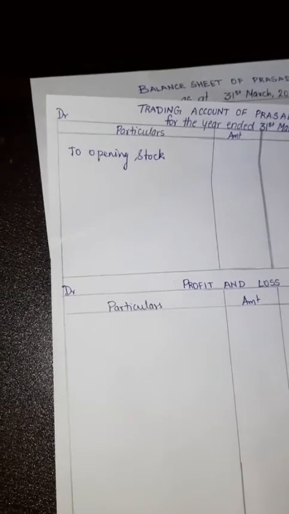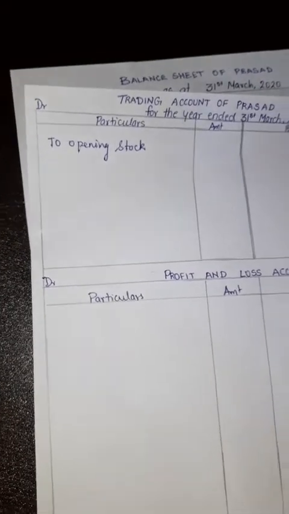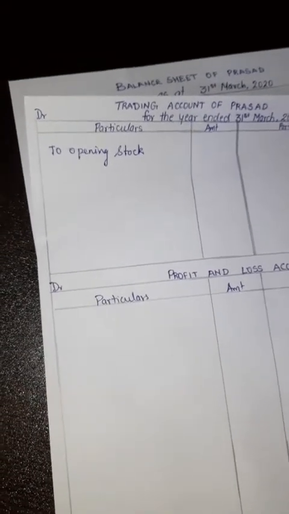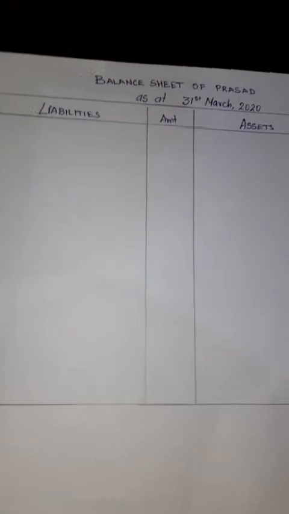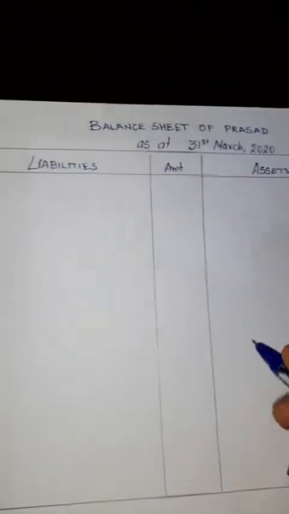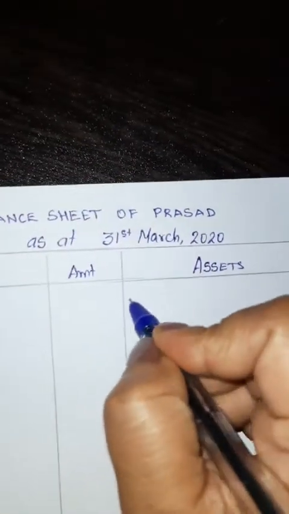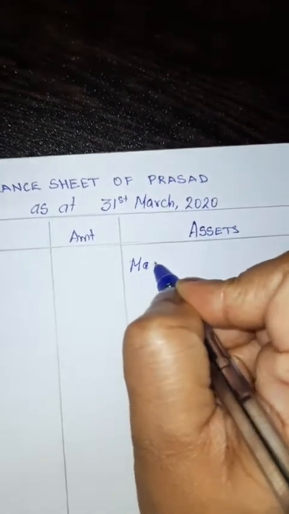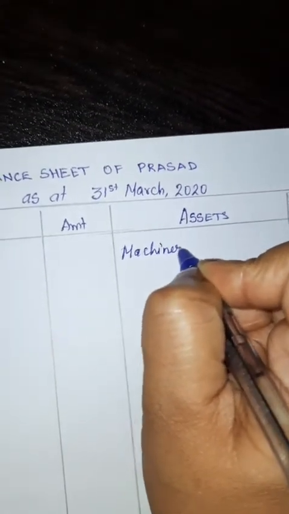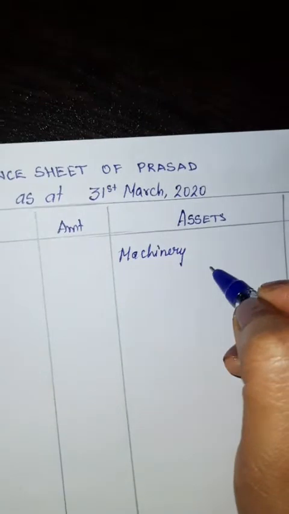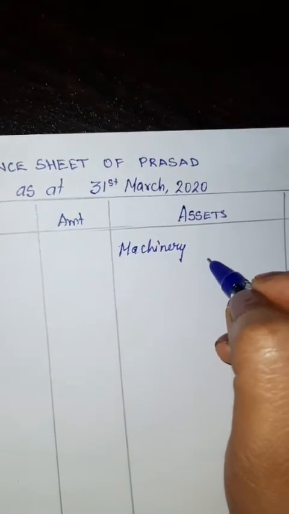In the textbook, the first item given to you is machinery. You know that we have already written that machinery is an item which comes in the balance sheet, asset side. So let's write here machinery. Students, if you look into your textbook, you have a tick mark on that particular item.